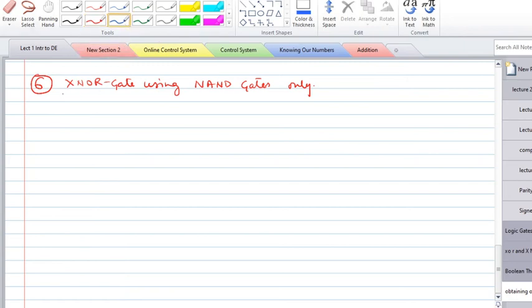So again start with this XNOR function, that is y is equal to A B plus A bar B bar, take 2 times bar, and solve the internal one, okay, so that we get A B bar, sorry, using De Morgan's theorem we have to solve it.